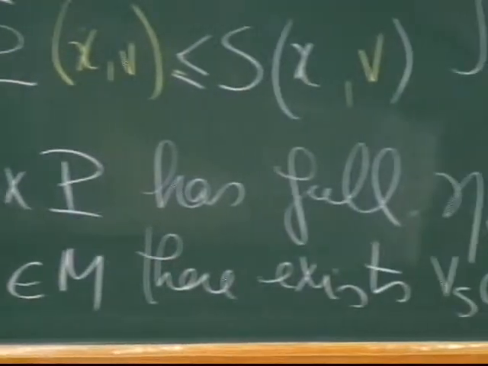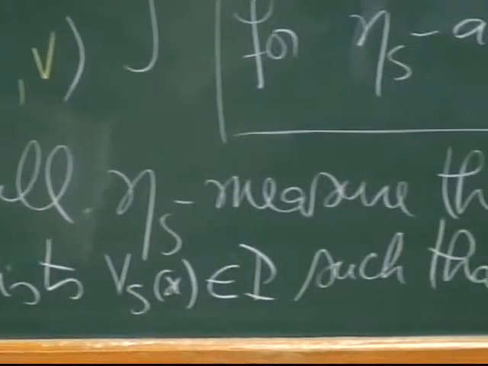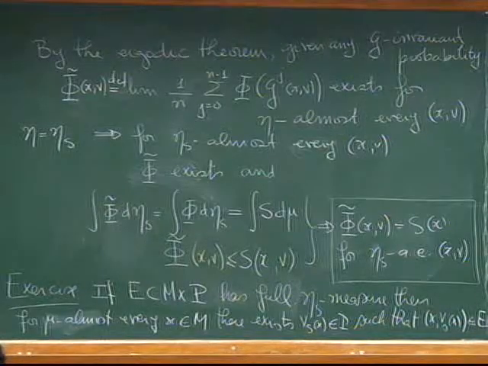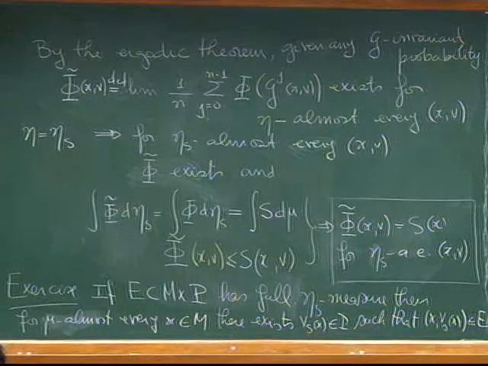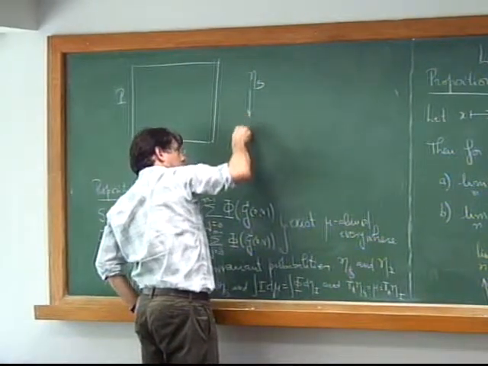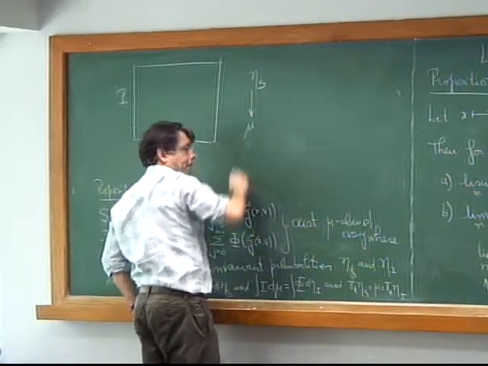So we have a product. What I've just written has the following meaning. We have a product, M, P. We have a measure eta s that projects down to mu.